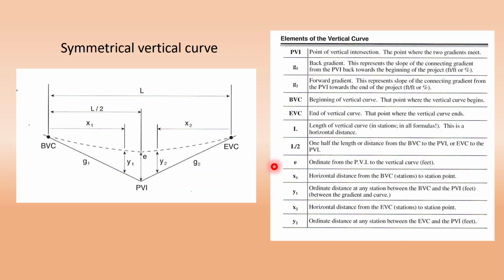E is the vertical distance from the PVI, or where your gradients intersect, up to or down to, if it's a crest curve, the curve design location, or design elevation.